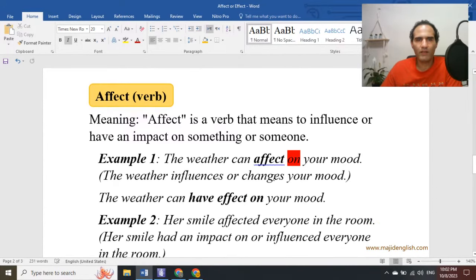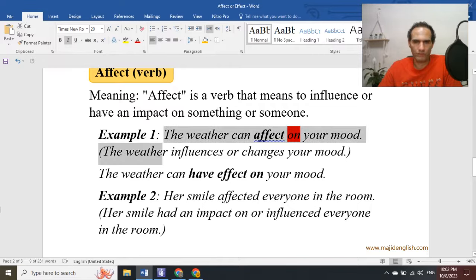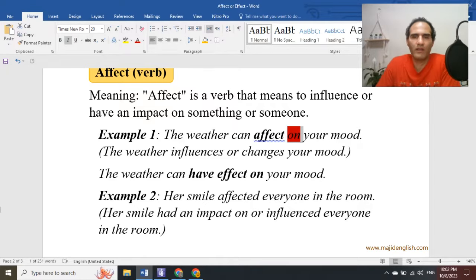And here we have affect, which, you know, is a verb, meaning to influence something. The example is: the weather can affect your mood. Most of my students make the mistake of putting "on" in the verb sentence, making it "the weather can affect on", which is wrong.